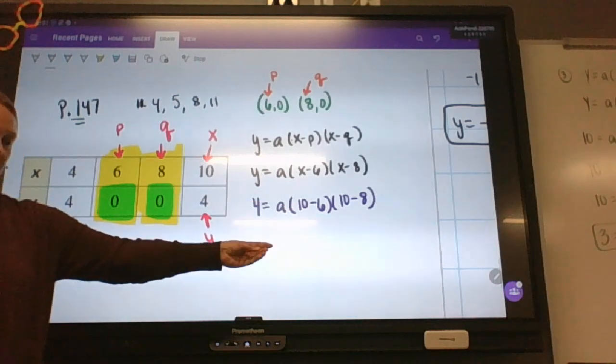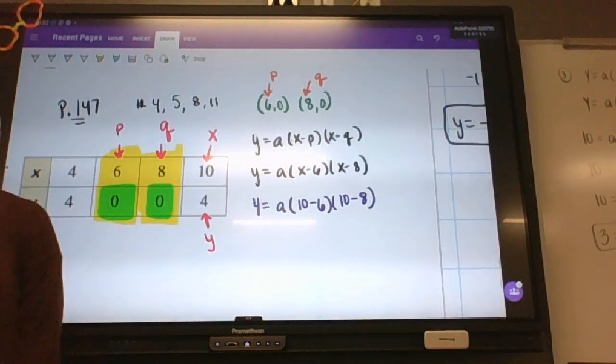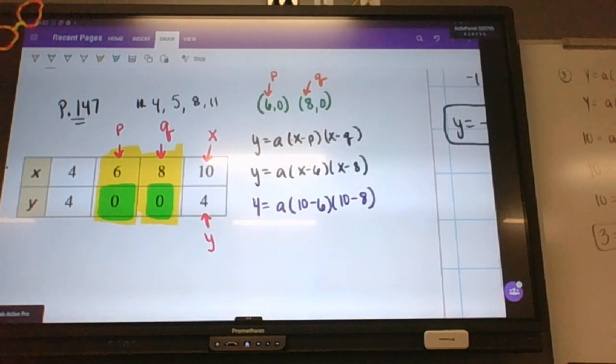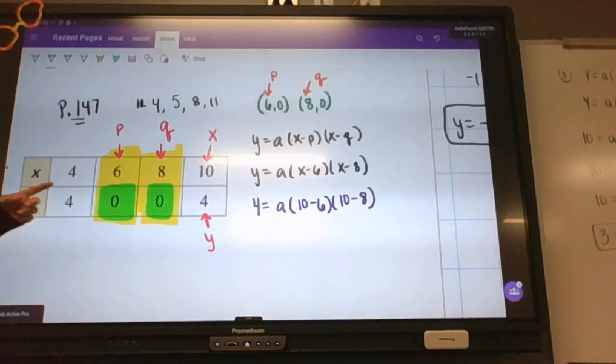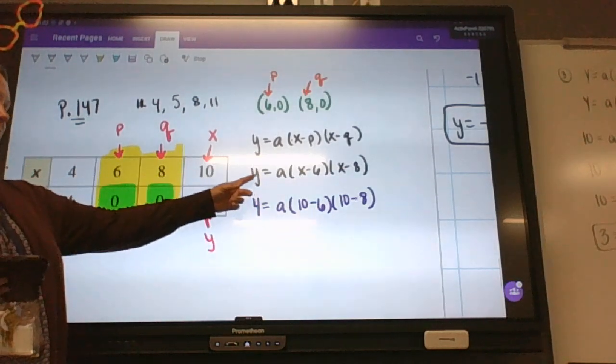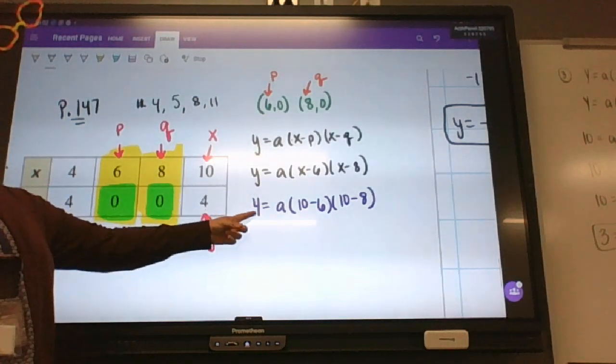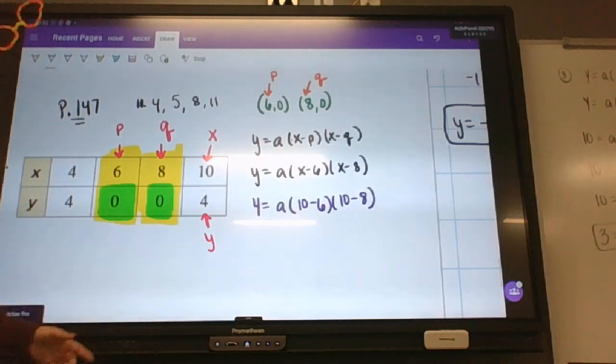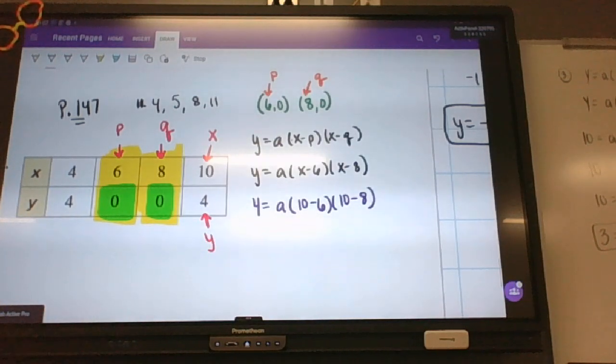Do your math, your PEMDAS, everything you already know, and find A. It looks just like a Y, doesn't it? Yeah, I went from Y to 4, but they look really similar. Maybe I'll really emphasize. Look at that. That's better.